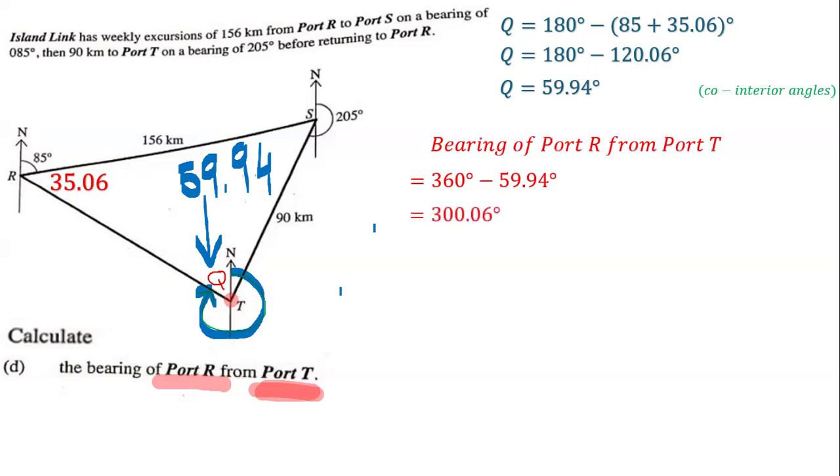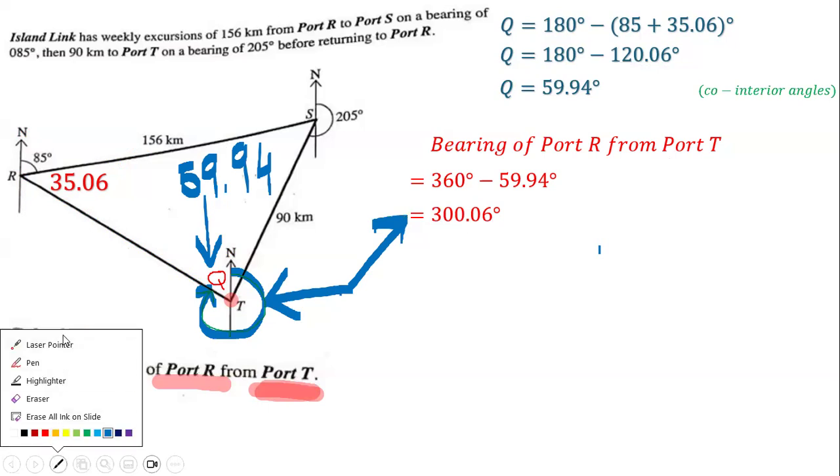And when we subtract it, we get 300.06 degrees. And so this bearing is equal to 300.06 degrees. That's the answer for this question. The bearing of port R from port T is equal to 300.06 degrees.